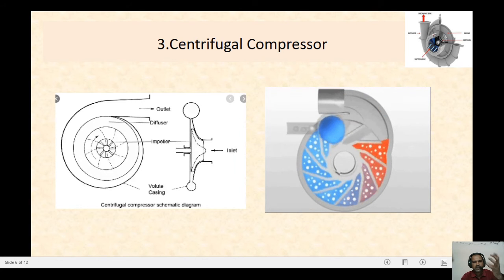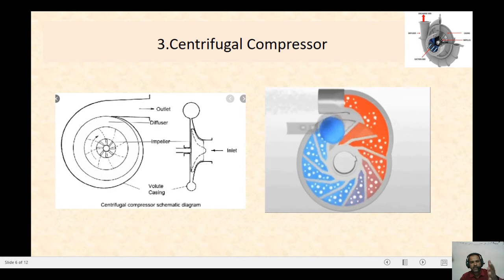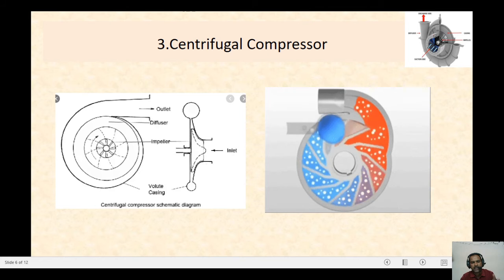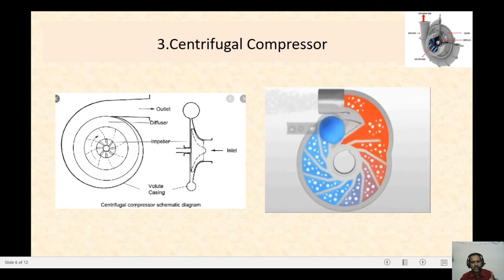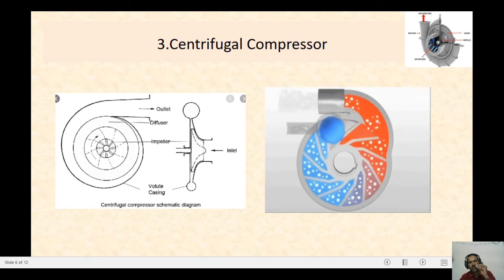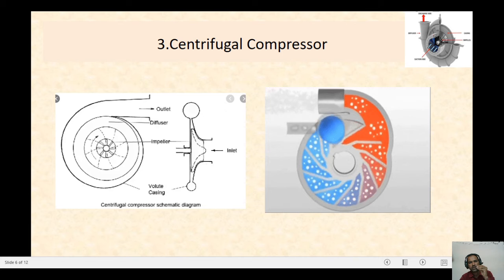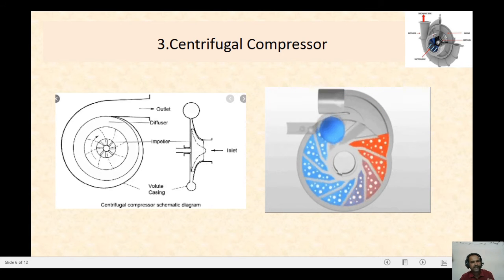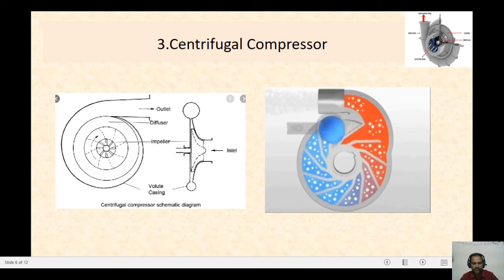So when the air is sucked in radially, it flows through the impeller blade, which increases the kinetic energy, and when the air leaves the impeller, it enters into a diffuser. In the diffuser, the low atmospheric pressure increases to high pressure, and the velocity decreases.